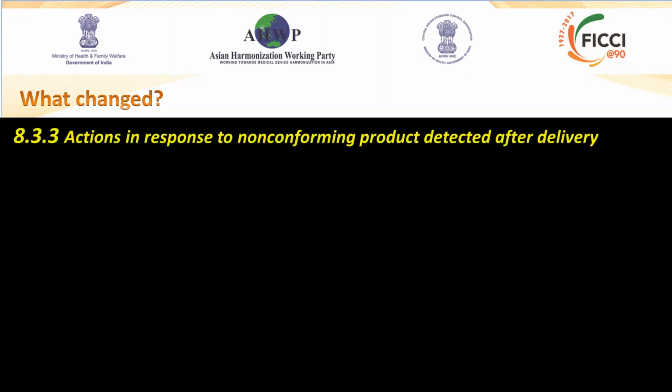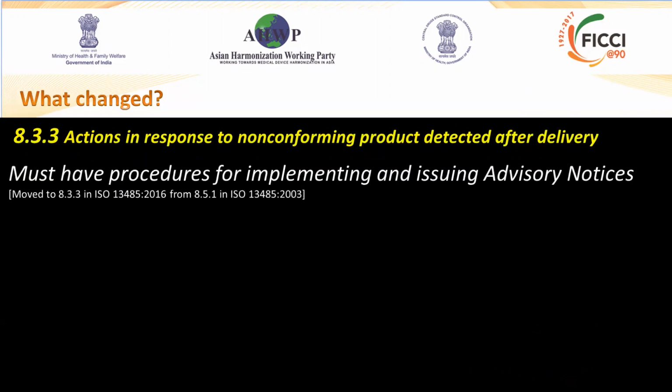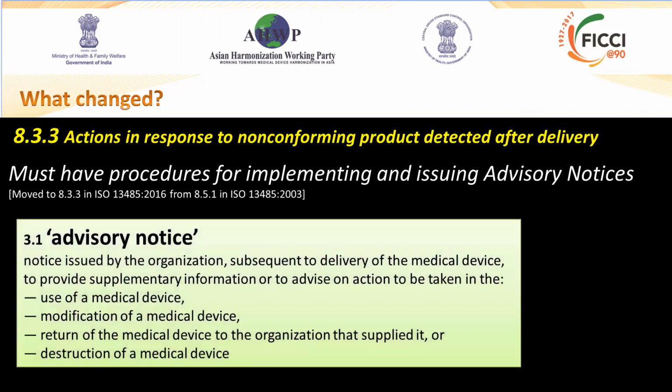Actions in response to non-conforming product taken after delivery must have procedures for implementing and issuing advisory notices. What's an advisory notice? So section 3.1 indicates that it's a notice issued by the organization subsequent to the delivery of the medical device to provide supplementary information or to advise on an action to be taken in the use of a medical device, modification of a medical device.